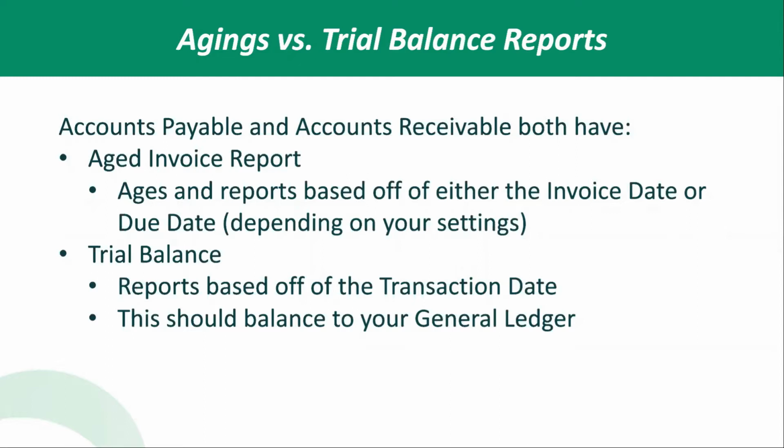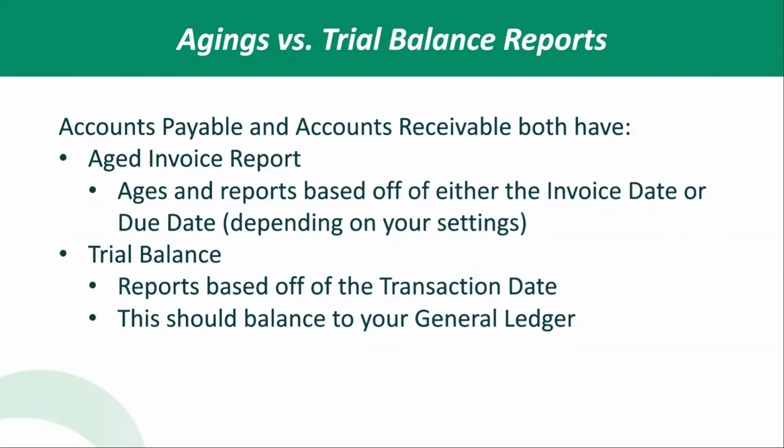Then the trial balance report uses the transaction date, and the transaction date is what was used to post to the general ledger. So that's why you use the trial balance report to balance to your general ledger.